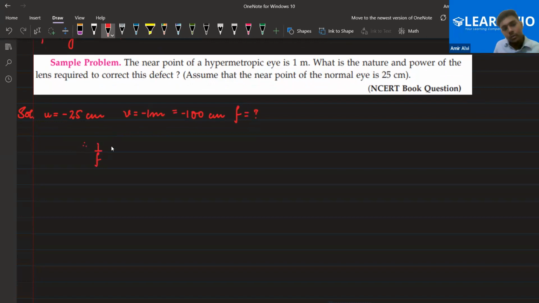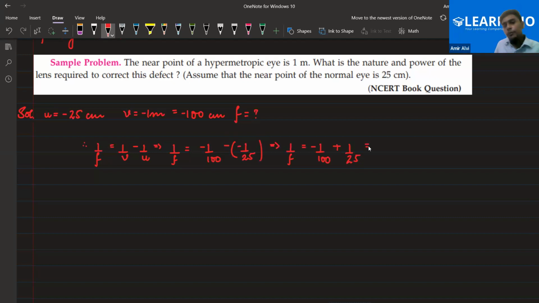So 1 by f is equal to 1 by v minus 1 by u. So 1 by f is equal to negative 1 by 100 minus of negative 1 by 25. As you can see, negative of negative will be positive. So 1 by f will be equal to negative 1 by 100 plus 1 by 25.